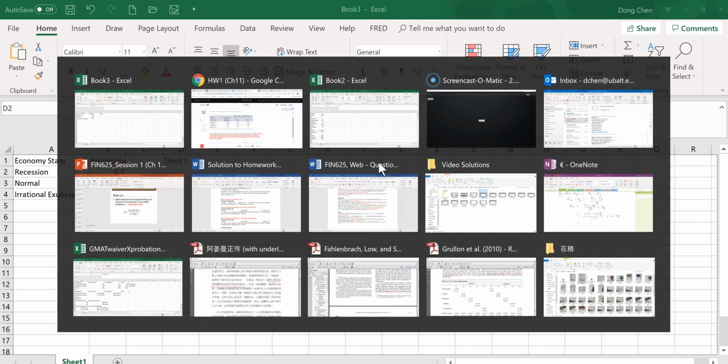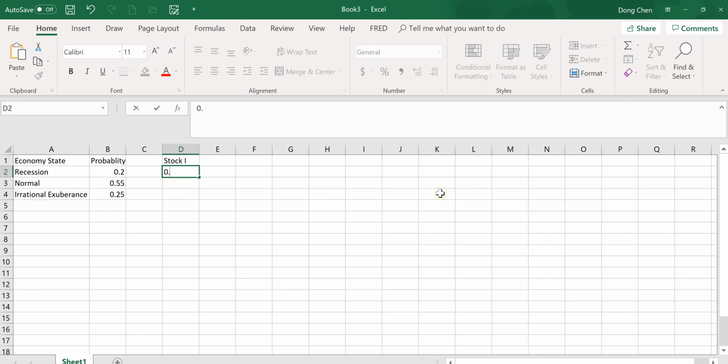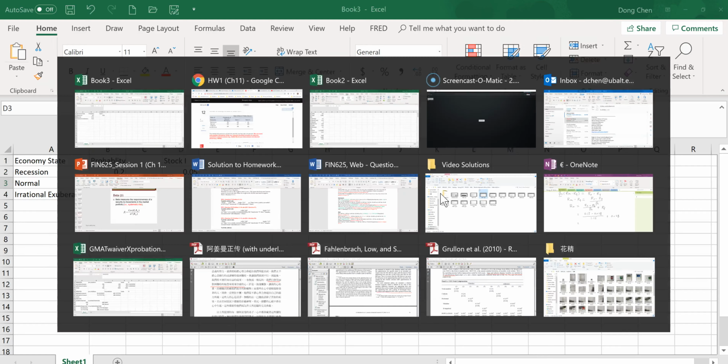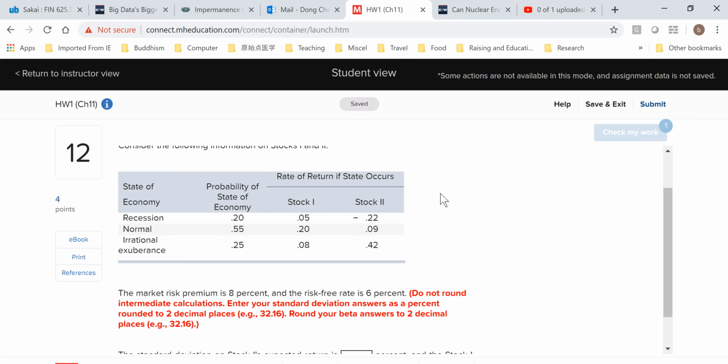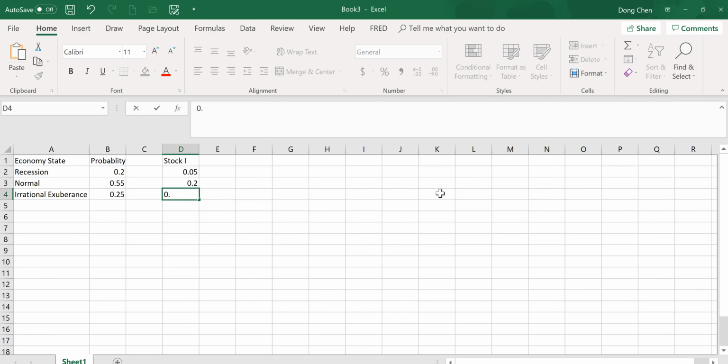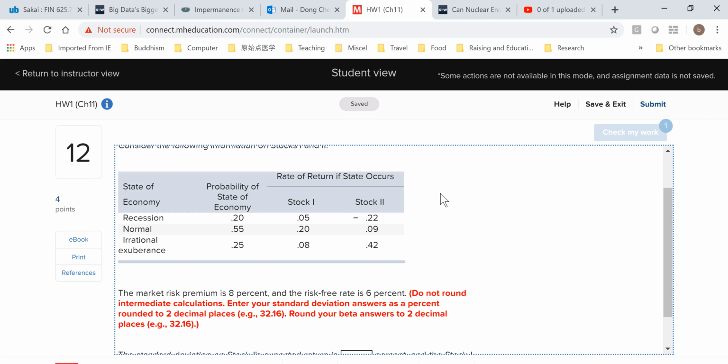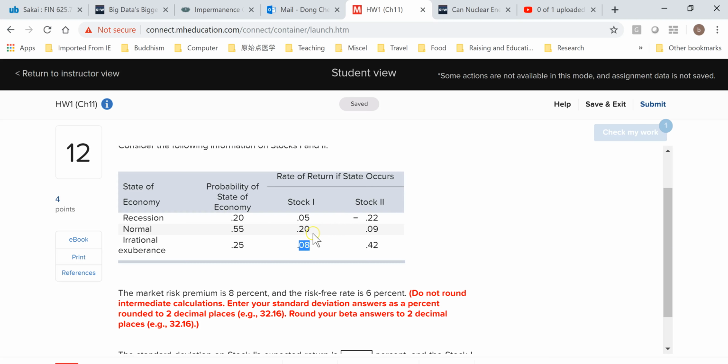So stock 1 return under recession is 5%, and under normal is 20%, and under irrational exuberance is... this is kind of weird, right?